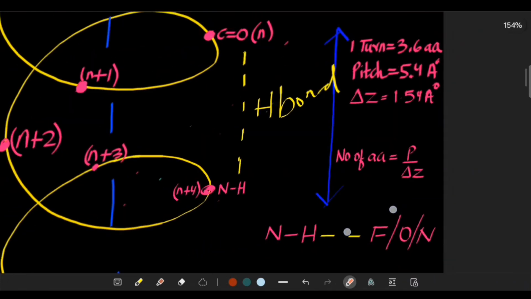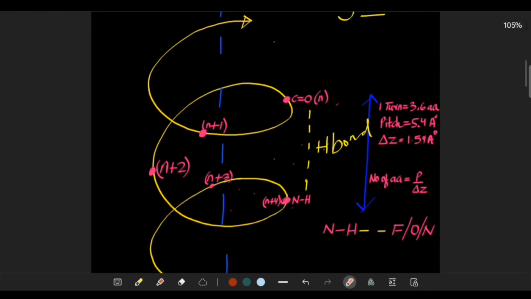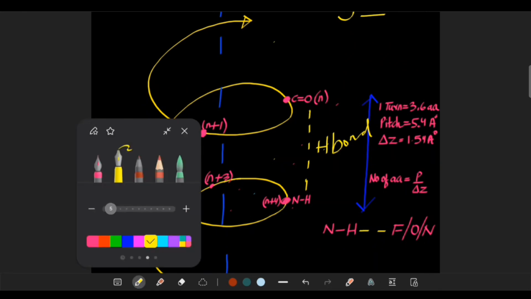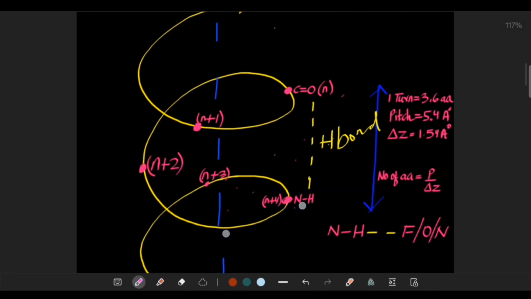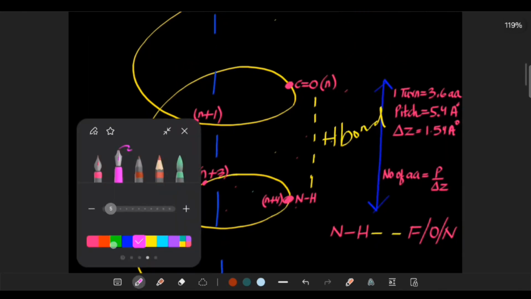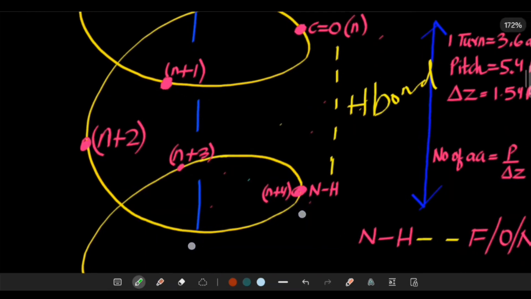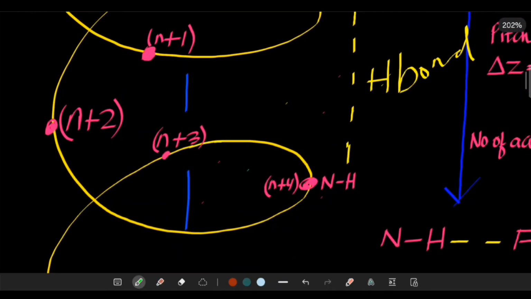Now let us see another one, that is how much degree of rotation is formed between one amino acid and another amino acid. So as you can see over here, let me take another color, let's take green. This is one amino acid, right?